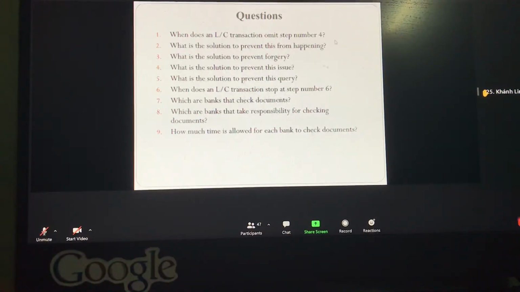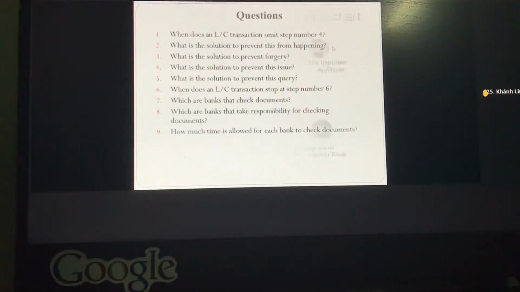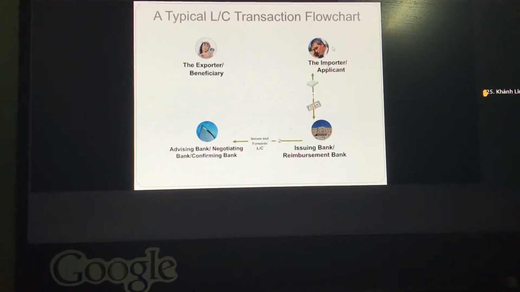I think the LC transaction can omit step number 4 when the exporter and importer have checked with each other many times, the importer has a high reputation, and the confirming bank has discussed the content with the exporter in step 3, and the time to deliver goods is not urgent.